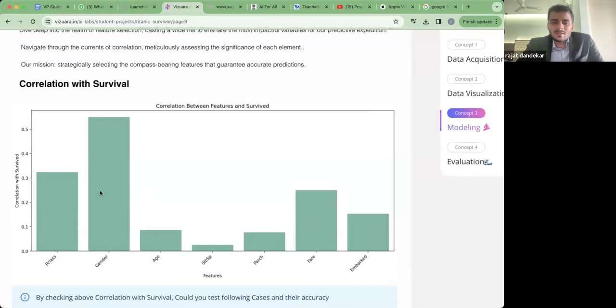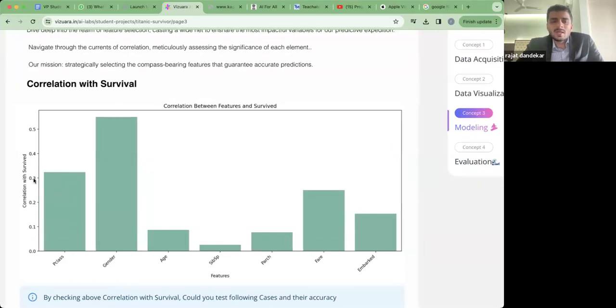On the other hand, gender has a maximum correlation, which is more than 0.5, and P class has the second maximum correlation, which is around 0.35. For now, you can assume that 0 means absolutely zero correlation, 1 means the best correlation. So if you had a parameter called survived on the x-axis, it would have a correlation of 1. So it is always going to lie between 0 and 1.